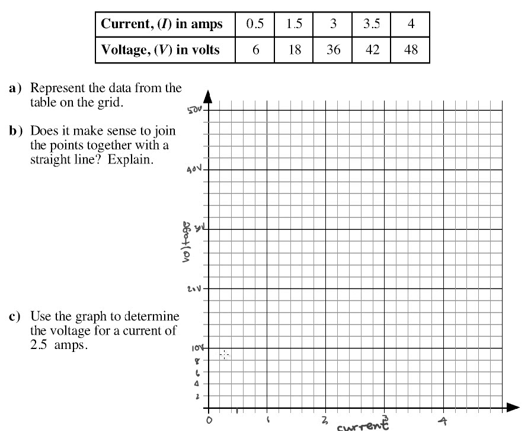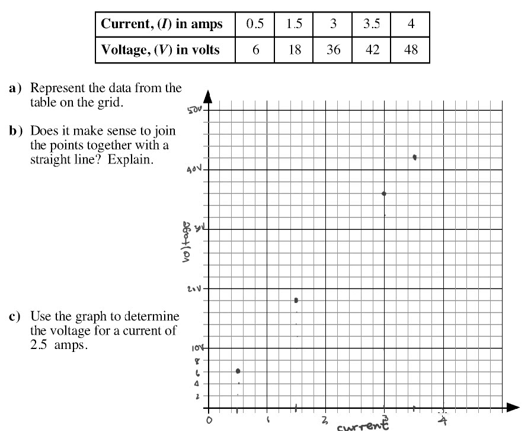Each of these squares is 2 volts, so 2, 4, 6 is my first point. 1.5 amps, again right in the middle, is 18 volts, so 10, 12, 14, 16, 18. 3 amps requires 10, 20, 30, 32, 34, 36 volts. 3.5 amps requires 10, 20, 30, 40, 42 volts.